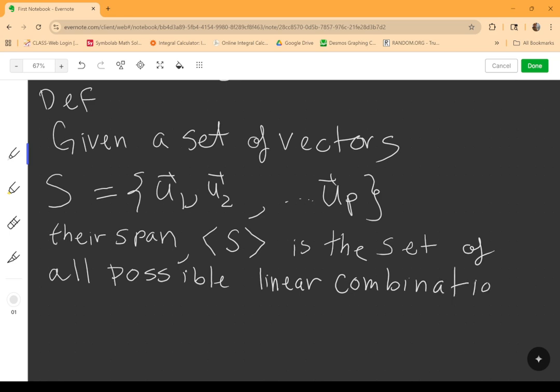Okay, so written out mathematically, we say span of S is equal to alpha 1 U1 plus alpha 2 U2 plus up to alpha P UP, such that alpha sub i is an element of the real numbers.